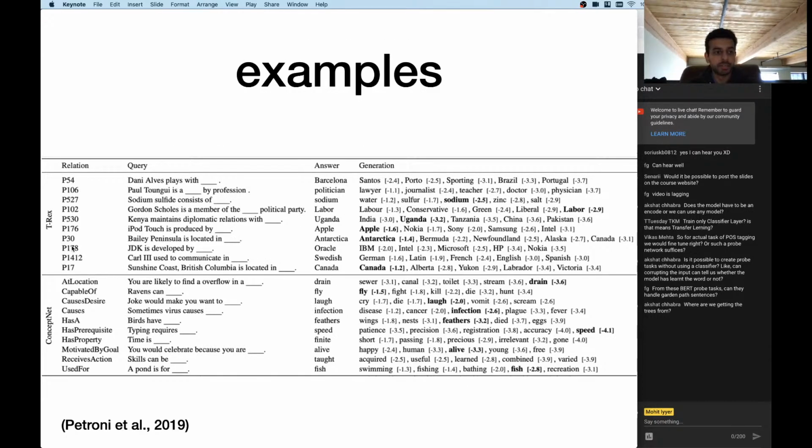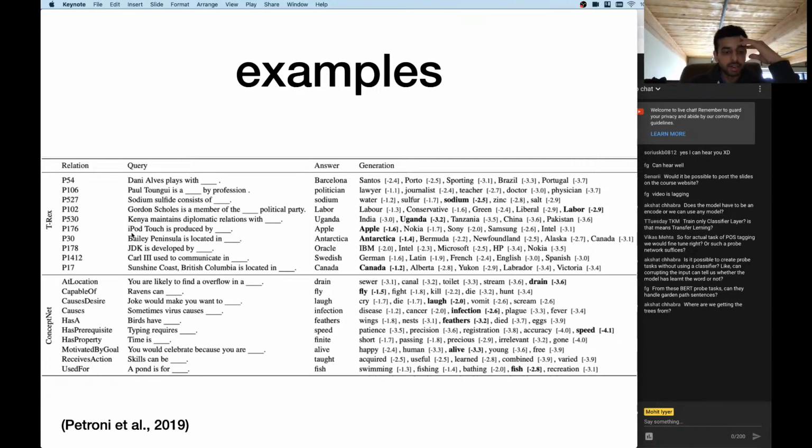So here are some examples for different types of relations. We can see what BERT actually produces here. We have relation P54, which seems to be sports related. "Dani Alves plays with [MASK]." If the model knew this, it would produce Barcelona, I guess at least at this time, but it didn't know that.